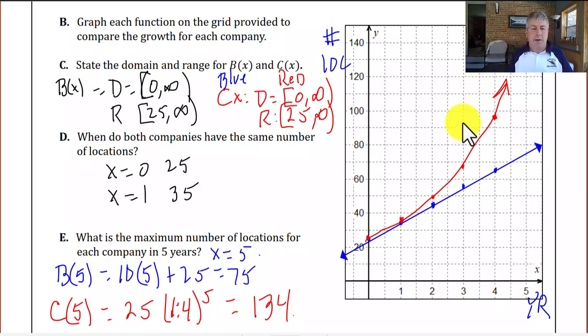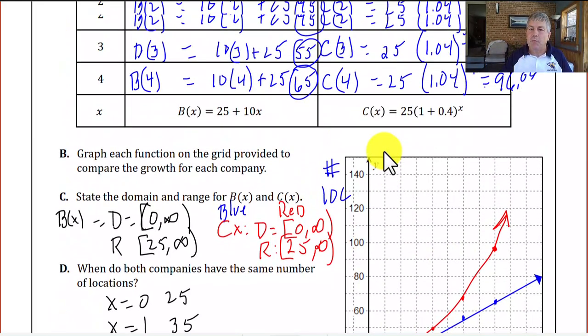So we've compared and contrasted linear and exponential functions, and you can see the difference there, how after a while they begin to separate. And we've also been able to find an exponential function from a table of values, and we've also graphed and compared them.